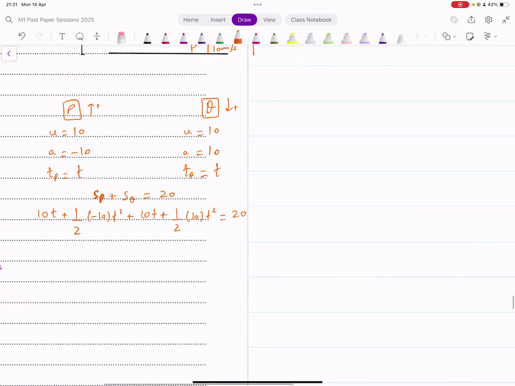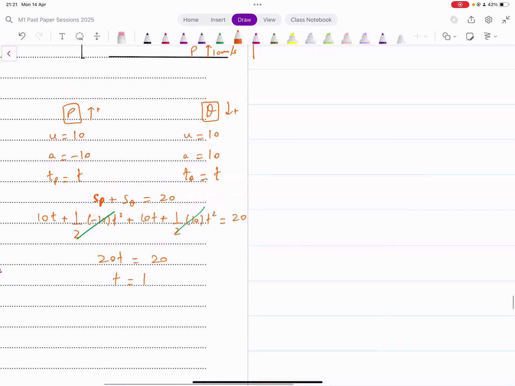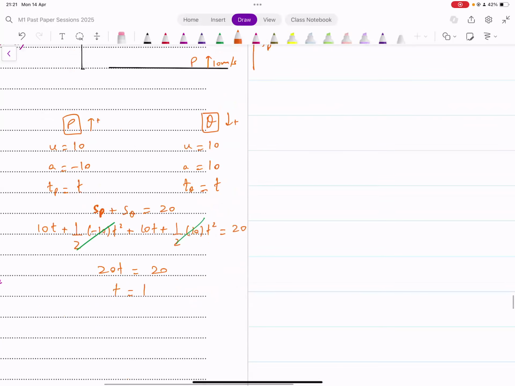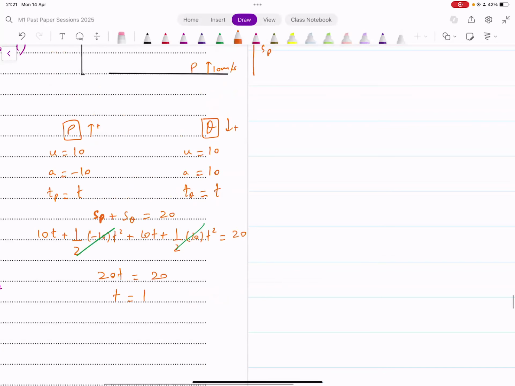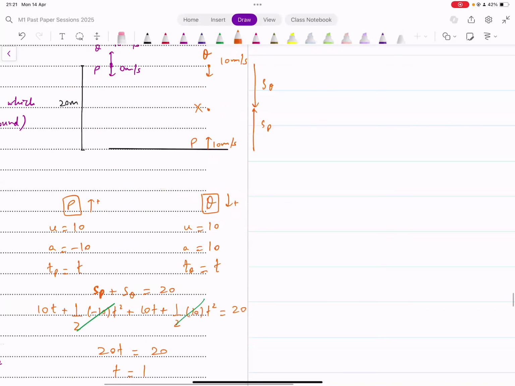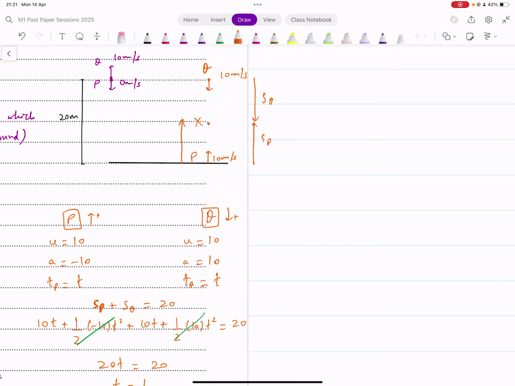Now, this and this, they get cancelled. And we're left with 20T equals 20, and the time turns out to be 1. So 1 second, it takes 1 second to reach that point.